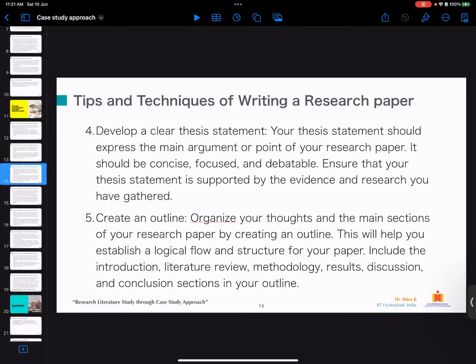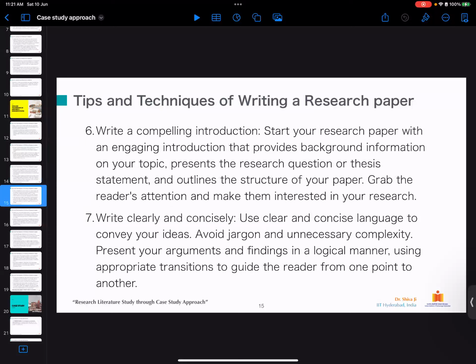Then you develop your own clear thesis statement, the hypothesis you are going to test, whether it gets proved or disproved. All of the arguments that come around that will actually create the piece of knowledge. And then finally, create an outline, and write the whole narration point by point.